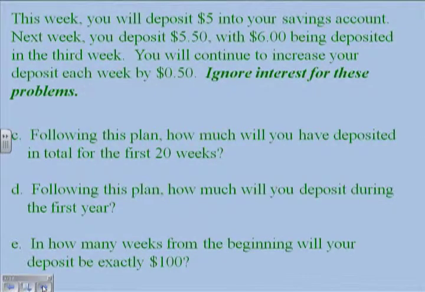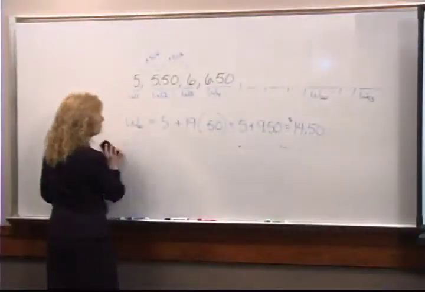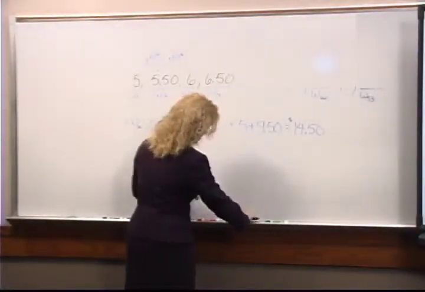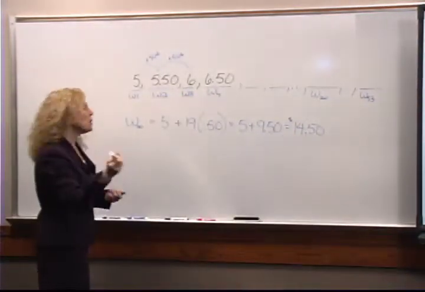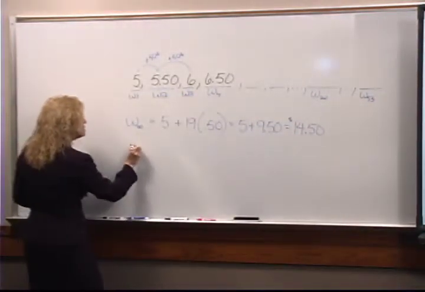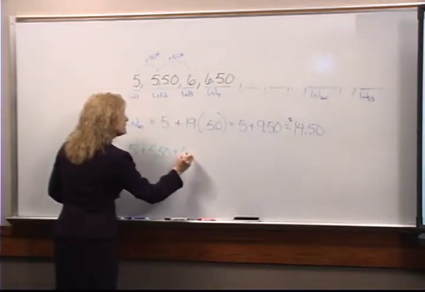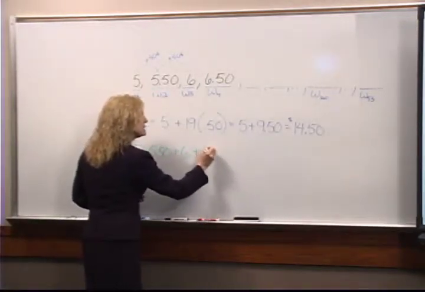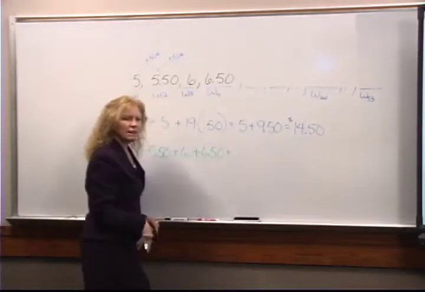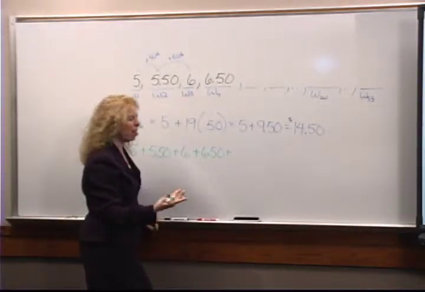Following this particular plan, how much will you have deposited in total for the first 20 weeks? Well, let's see here. For the first 20 weeks, I would have had $5 plus $5.50 plus $6 plus $6.50 plus $7 plus $7.50.